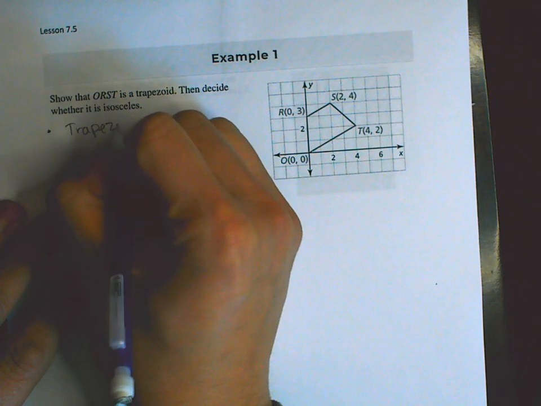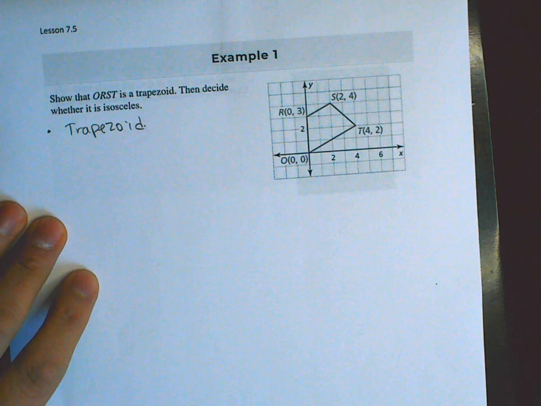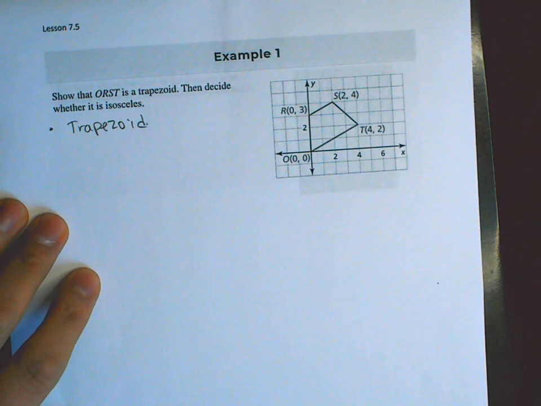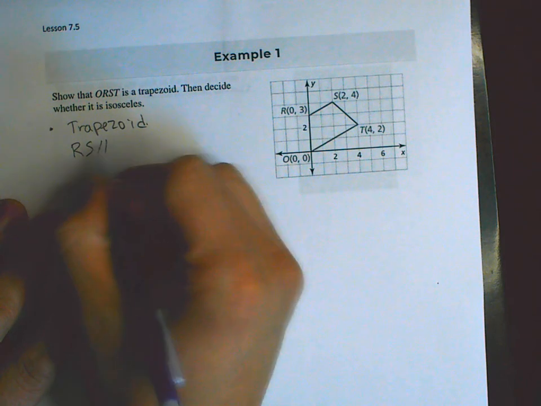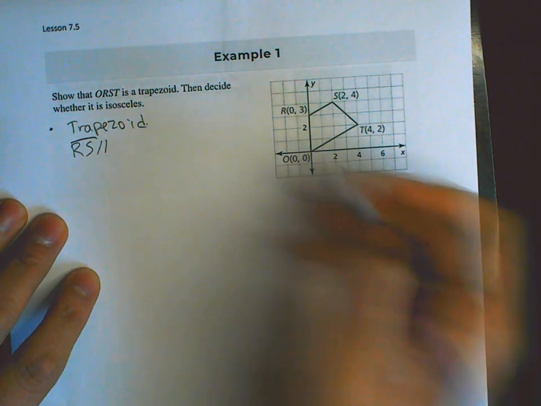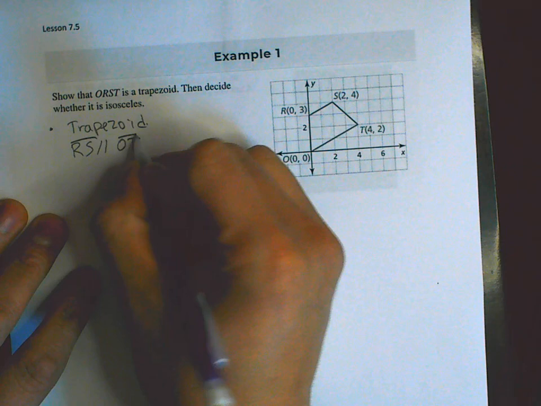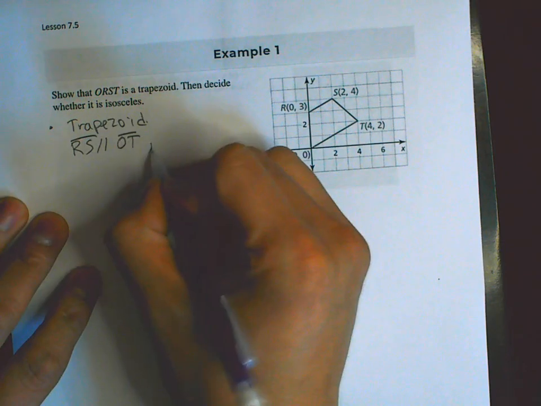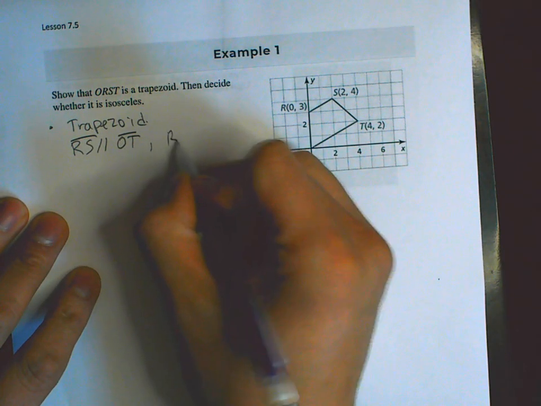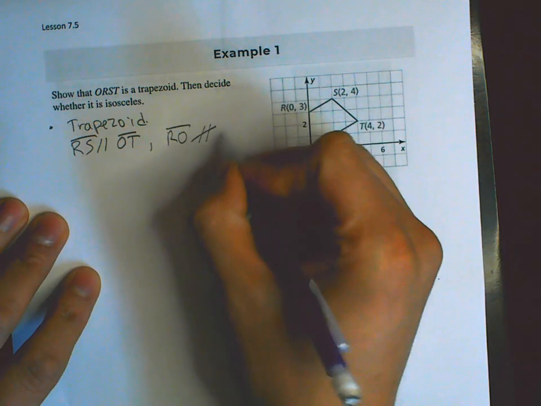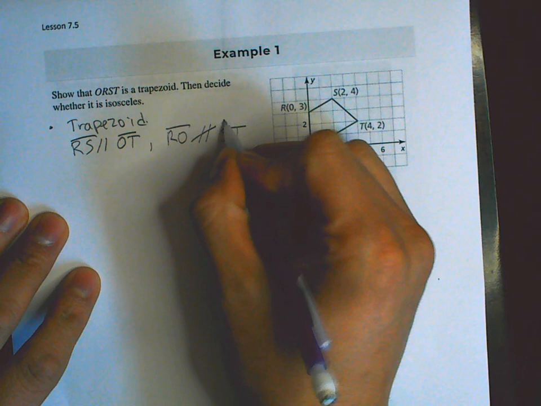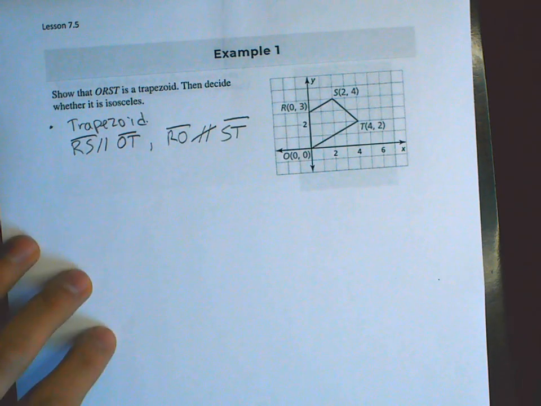I have to check that RS is parallel to OT, and that RO is not parallel to ST. That's how I check to see if it's a trapezoid or not.